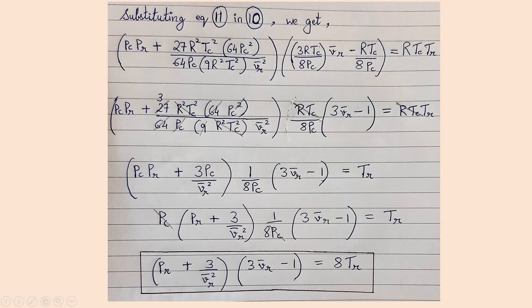Then I cancelled RTC with the RTC from the right hand side of the equation, and that is how I obtain this further equation. The next step is PC into PR plus 3PC upon VR square, into 1 by 8PC, and 3 times reduced volume minus 1 gives reduced pressure, reduced temperature.